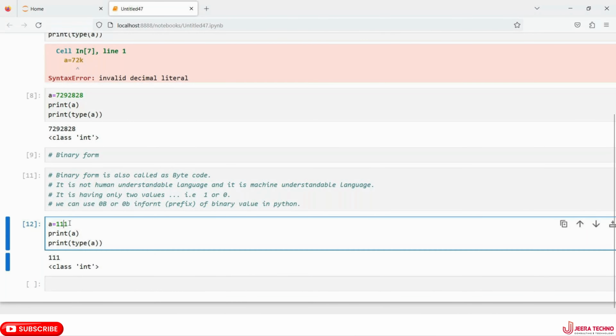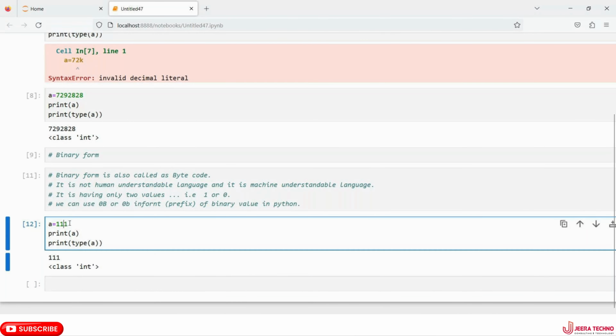The base value is 2. So here 1 into 2 power 0, that is the first value. Then 1 into 2 power 1, because we are taking the value from the array index. Then 1 into 2 square.